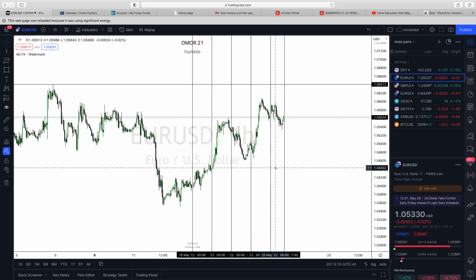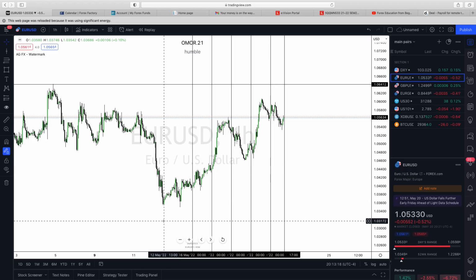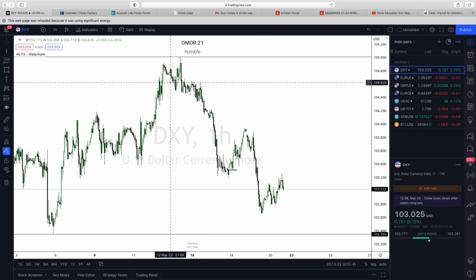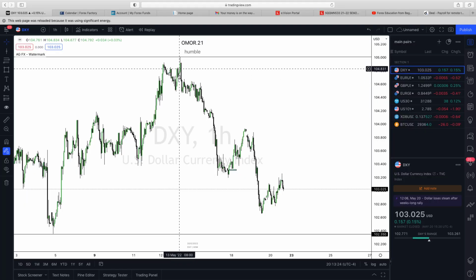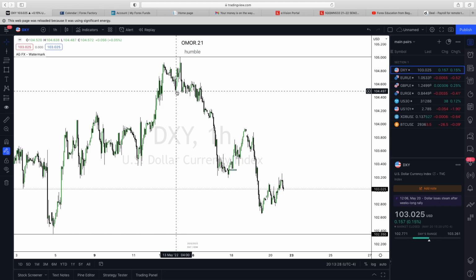Why did we expect that? Because we took out, right? Remember on the DXY, what did we see? Remember the last weekly commentary, we had this price action, yeah? We had this high, and then we took out this low, traded lower than this low.